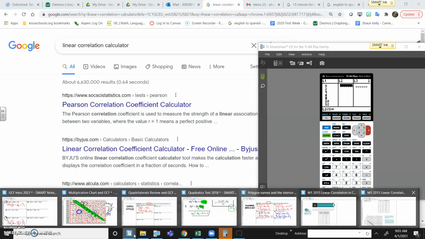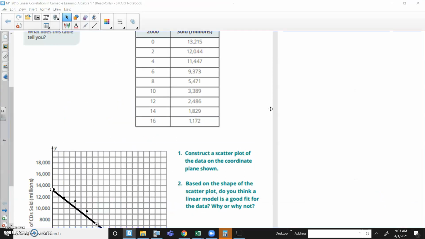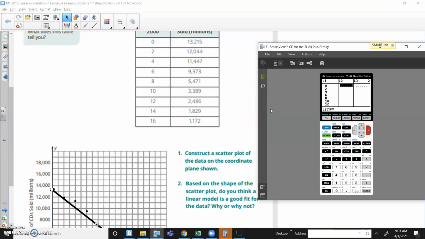But let me go back to the table so I can finish putting in the CD count for each year. So I've got 13,215. I will say as I'm doing this, you want to make sure that you type in each value exactly, because if you do not, you are going to be changing the data unintentionally, but you will be changing the outcome of your formula because the data is not accurate.